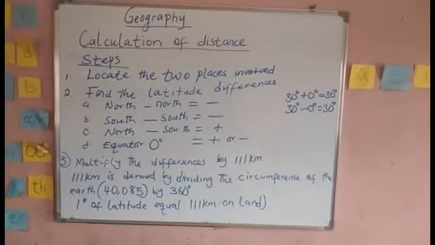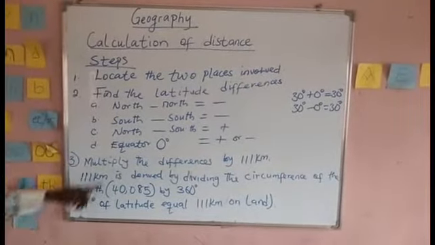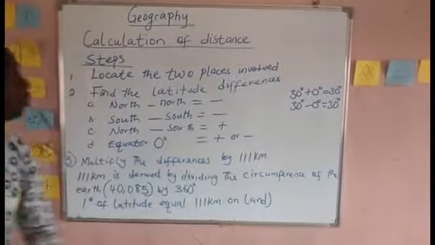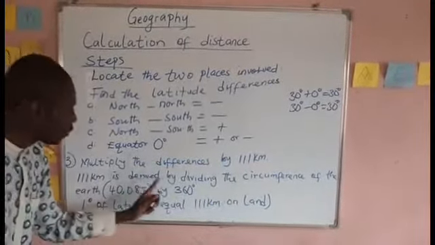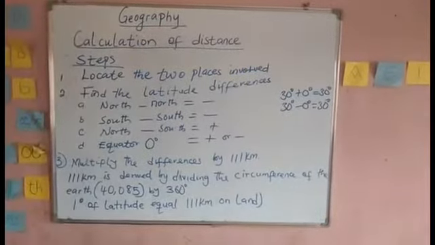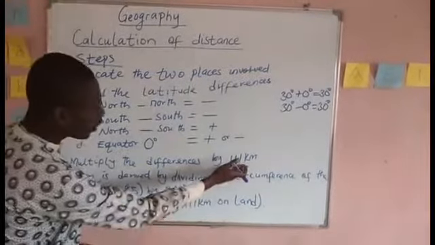Let's move to step number 3 carefully. Step number 3 says multiply the differences by 111 kilometers.